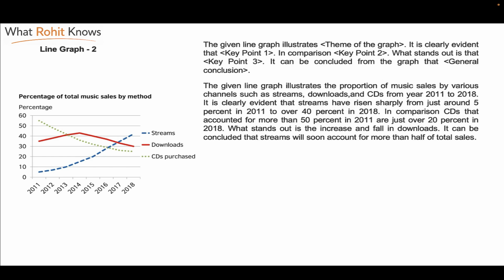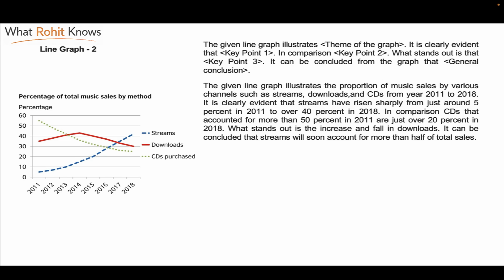Next, it is clearly evident that, so what you have to show, as I said, the first key point in bar graphs and line graphs is the highest. The next key point is the lowest, and then you can note down a trend. So highest here: it is clearly evident that streams have risen sharply from just around 5% in 2011 to over 40% in 2018.